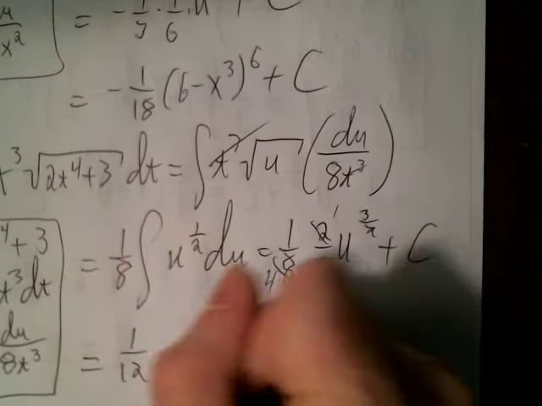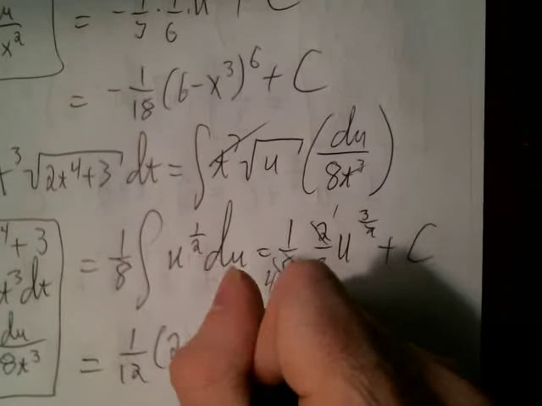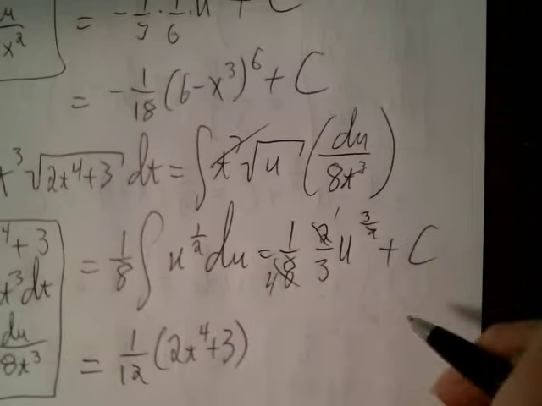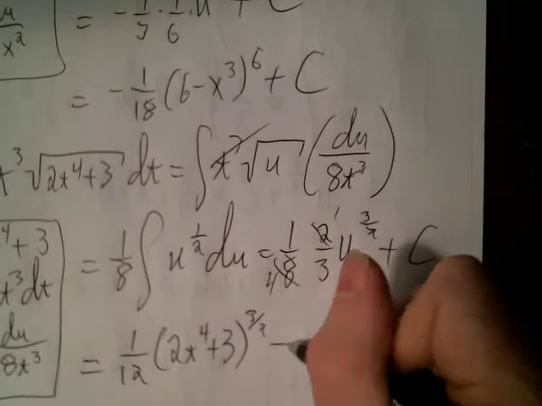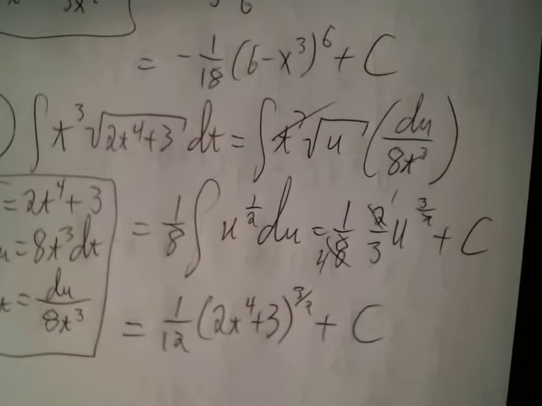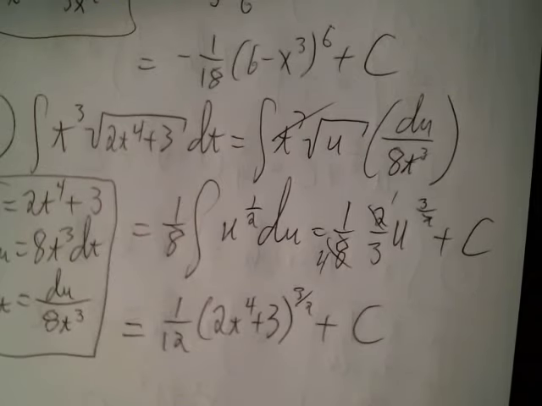So I get 1/12 times u, which is (2t to the 4th plus 3) to the 3/2 plus c. Two more, and then we'll talk about definite integrals. So these have all been indefinite integrals. We're just finding antiderivatives and slapping on a plus c.